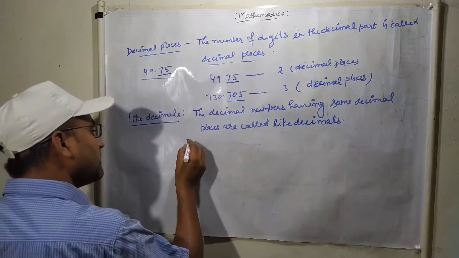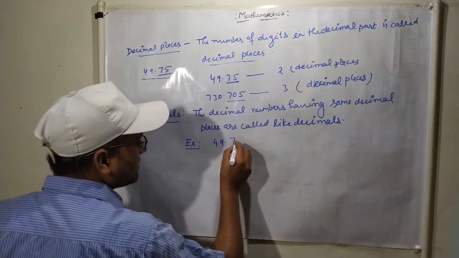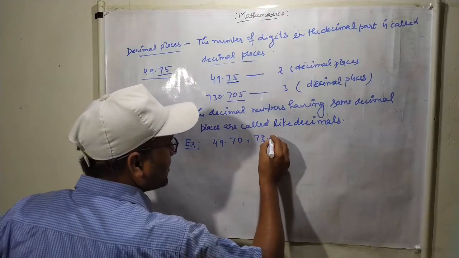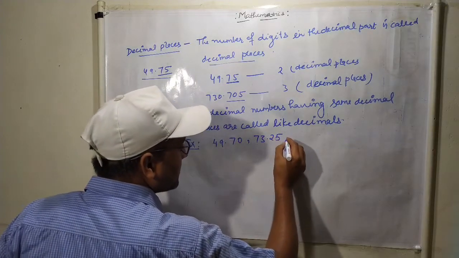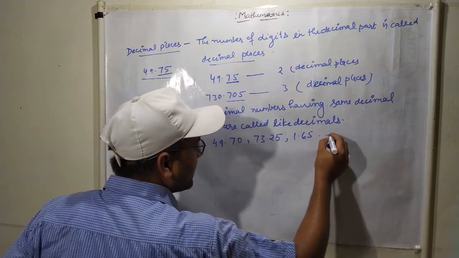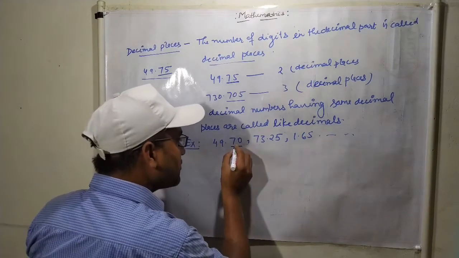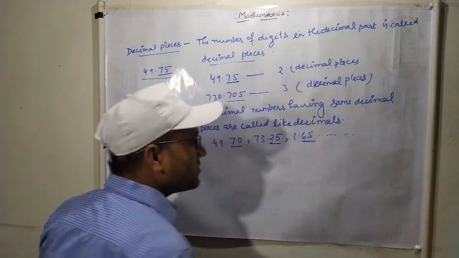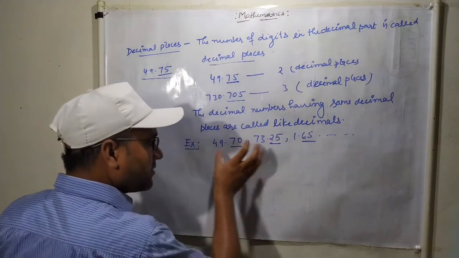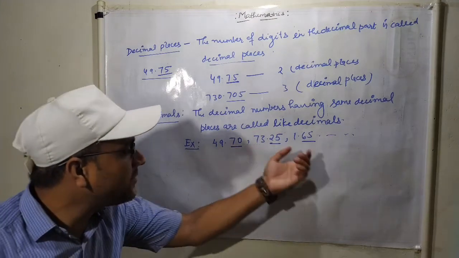For example, 49.70, 73.25, 1.65, and so on. They have the same decimal places: here is 2, here is 2, here is also 2. So they are said to be like decimals if they have the same decimal places.